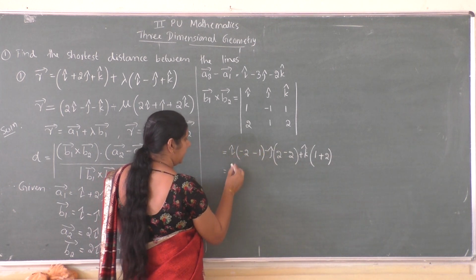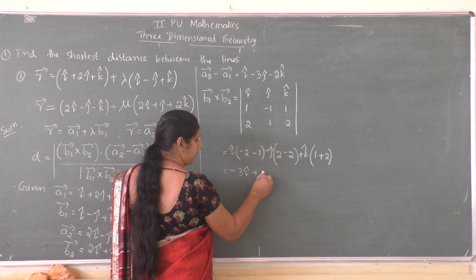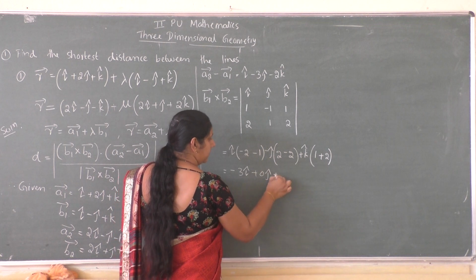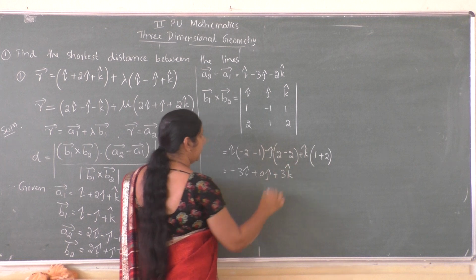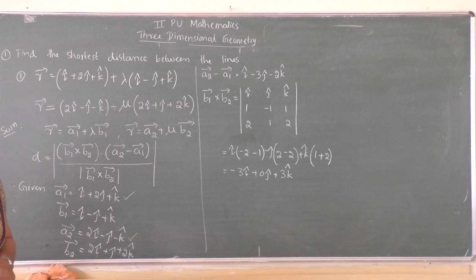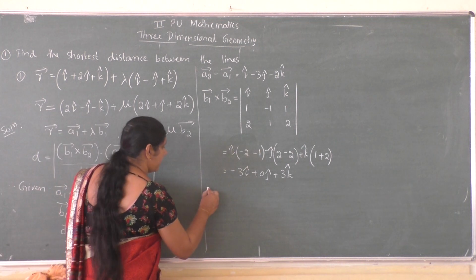So here we will get minus 3i cap plus 0j cap plus 3k cap. So this is b1 vector cross b2 vector. Next, what we have to find? Its magnitude.